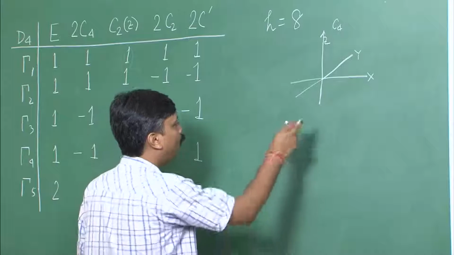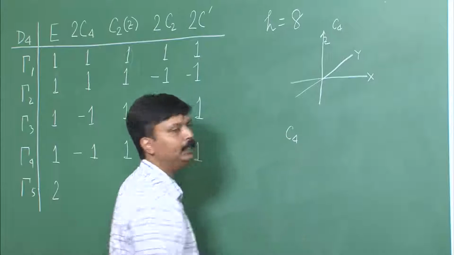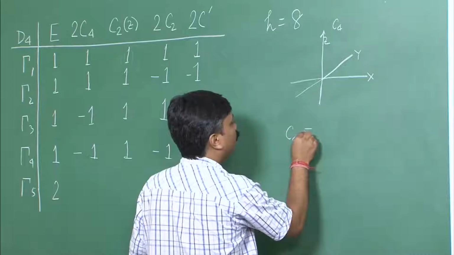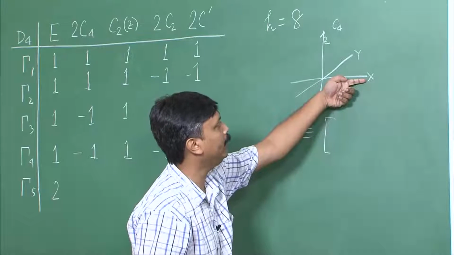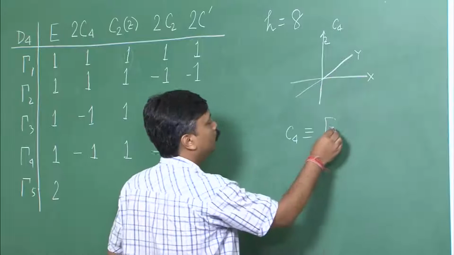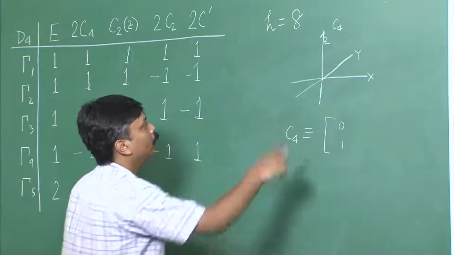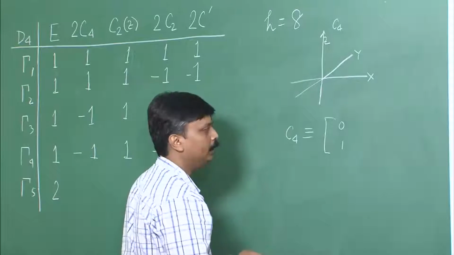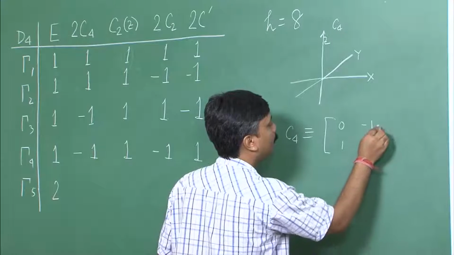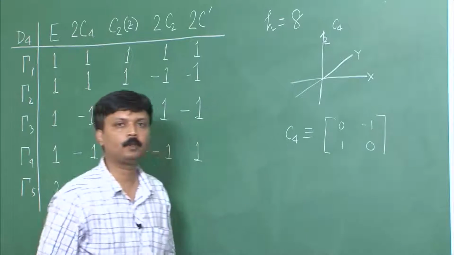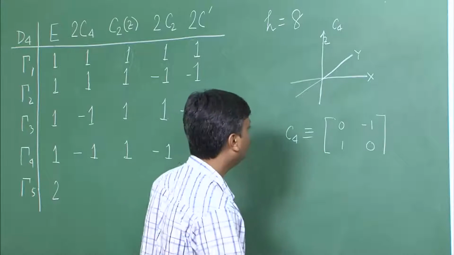So, if you form a matrix for this C4, you can do that very easily, because upon the operation of C4 on x, x is becoming y, and y is becoming minus x, fine. So, this is my matrix for C4.